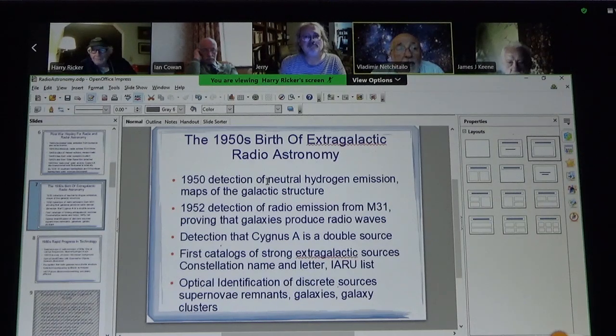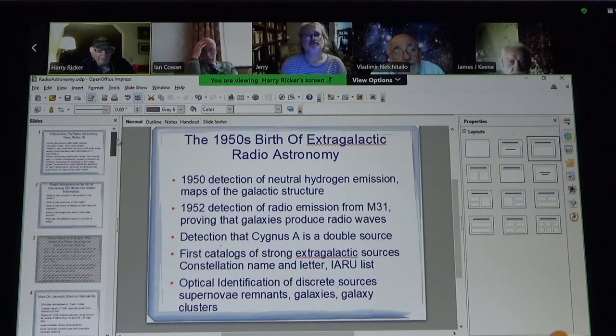Yes, you're absolutely right. What I mean, right now it's a very popular 21 centimeter radio radiation. That's around 1.4 gigahertz, as I recall. Right, 21 centimeters. Yes, that's correct. I was looking for that. I don't remember it off the top of my head.